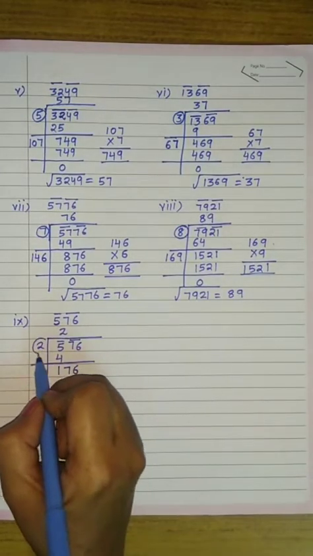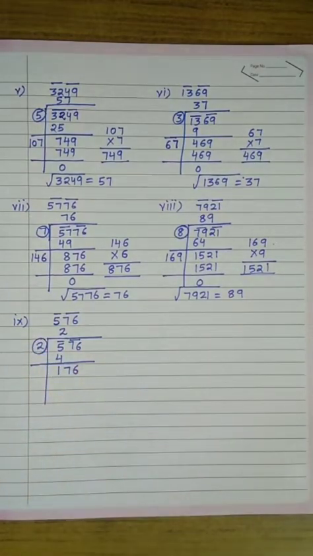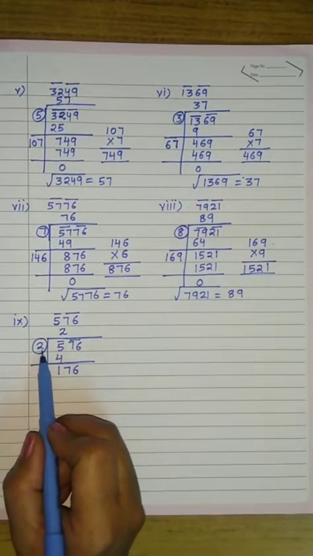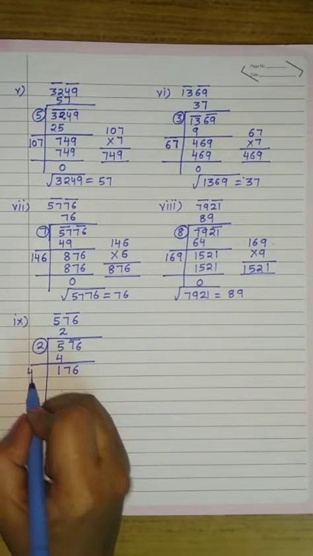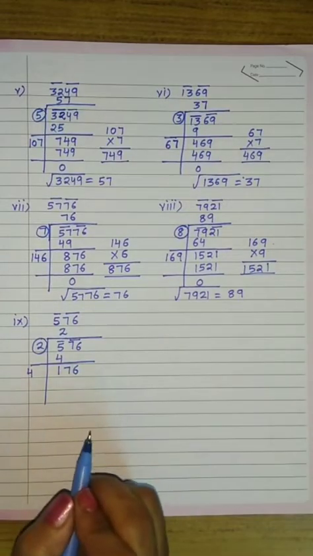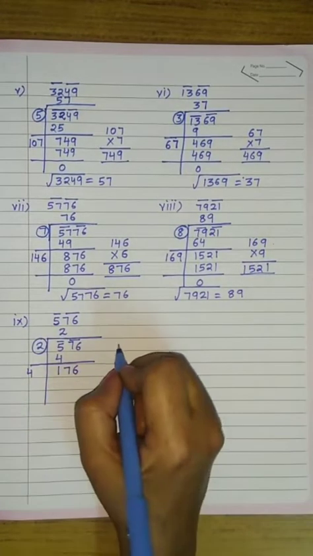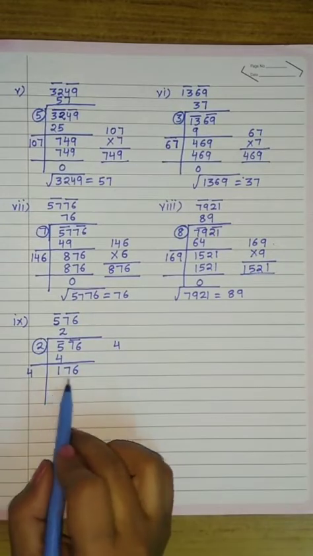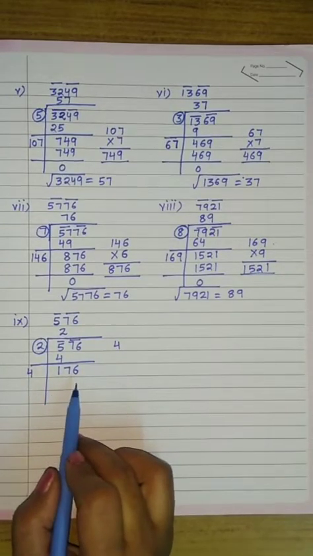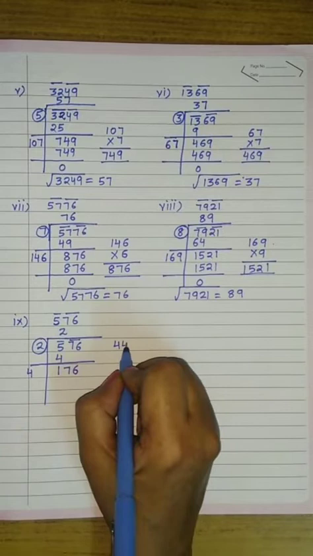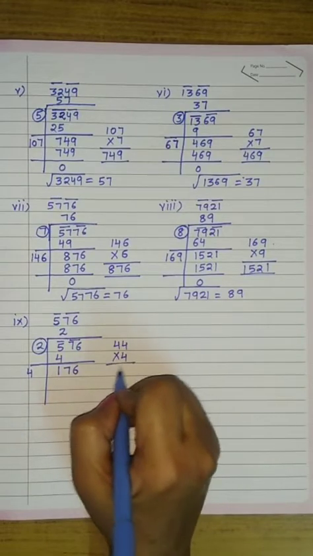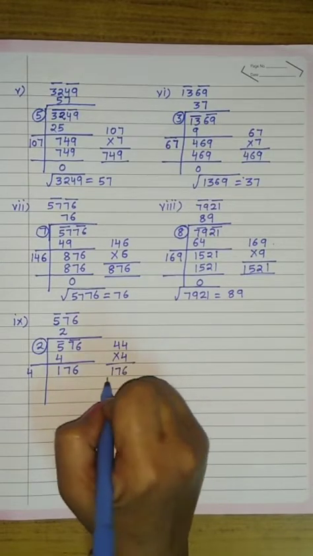Now double the divisor, that is 2. 2 2s are 4. After 4 we have to write a number which on multiplying itself gives a number equal to our dividend. That number will be 4. So 44 into 4 will give us 176.